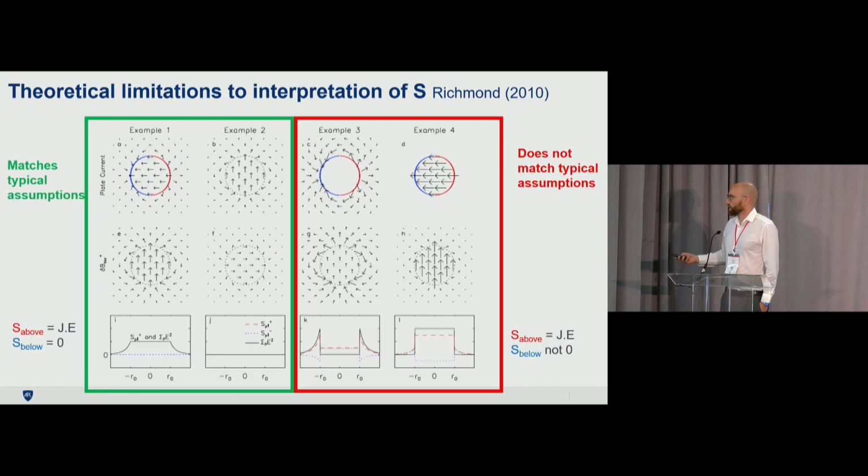Finally, I wanted to just touch on the Richmond 2010 paper. He makes the point that if you don't know the conductivity of the ionosphere, it's really hard to say exactly how the Poynting flux is going to manifest into Joule dissipation. He goes through theoretical conductive plate examples with different current distributions that are reminiscent of the Region 1 current.